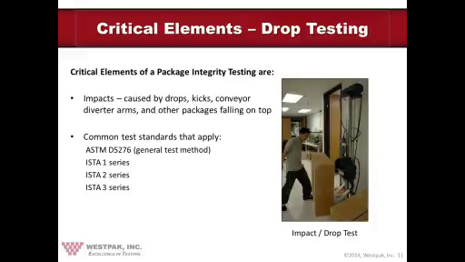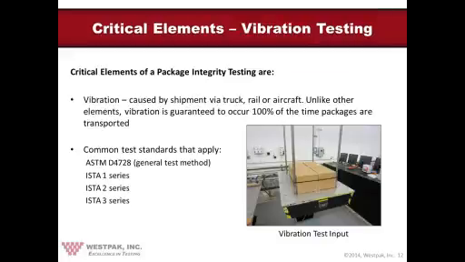As we spoke, vibration is guaranteed to occur when a package is shipped, and that's what we're going to talk about next. It's a critical element in any test standard. Pretty much all new standards use random vibration exclusively over fixed displacement or sinusoidal vibration.